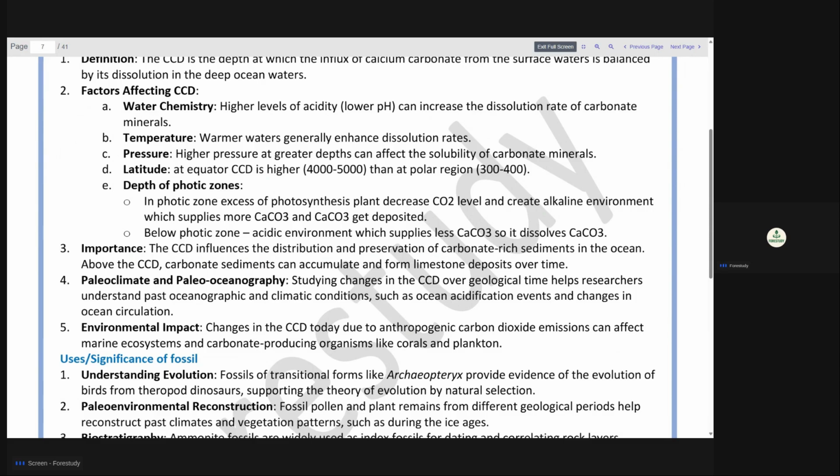It will lower the CCD. Below the photic zone, the acidic environment supplies less CaCO3, so it dissolves CaCO3. So photic zones aid more precipitation of CaCO3.